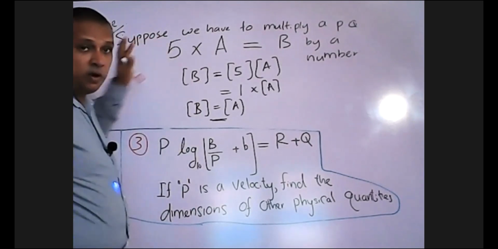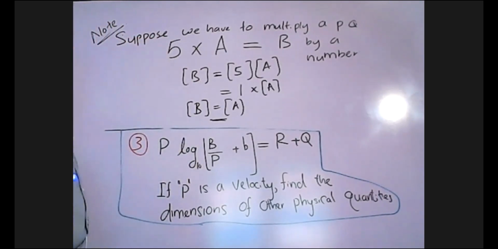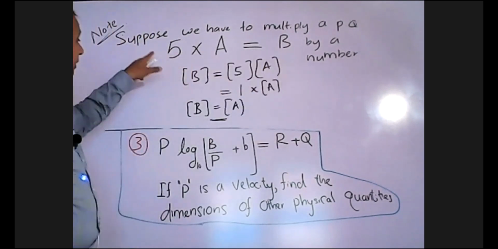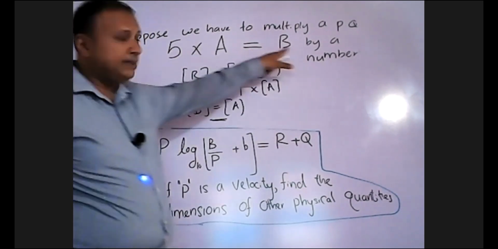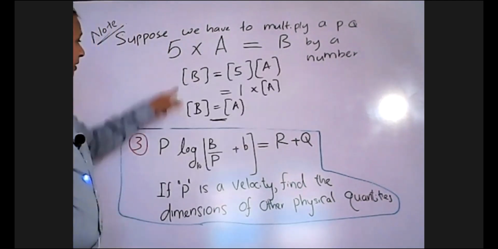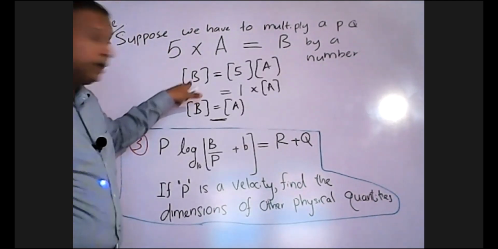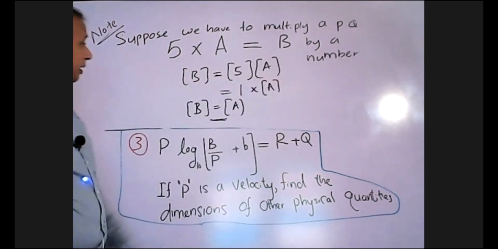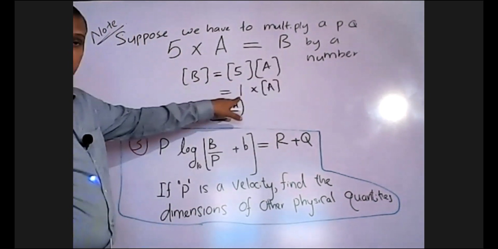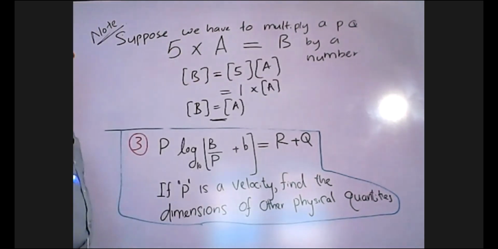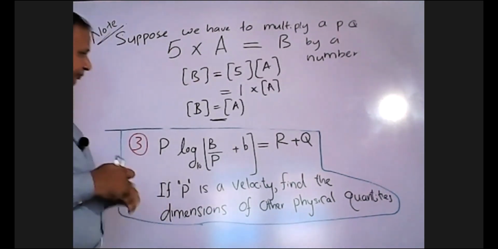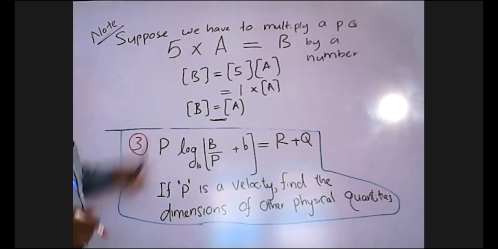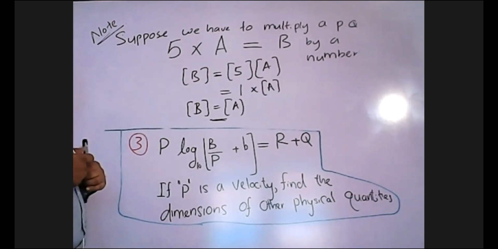First, you should write this note. Suppose we have to multiply a physical quantity by a number: 5 into A is equal to B. Then the dimension of B is equal to the dimension of 5 into the dimension of A. The dimension of 5 is equal to 1.